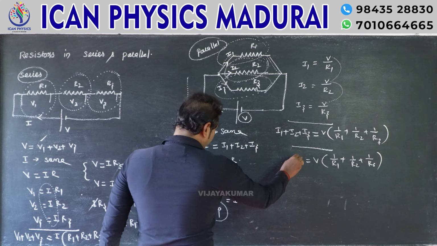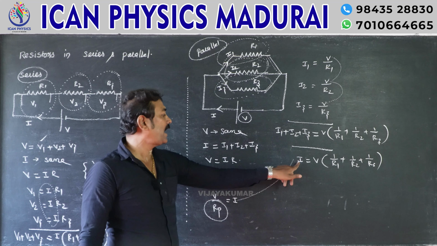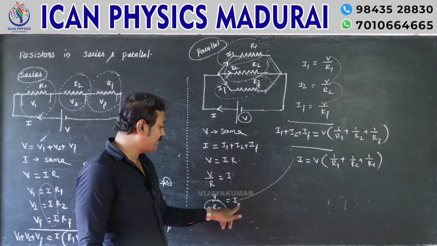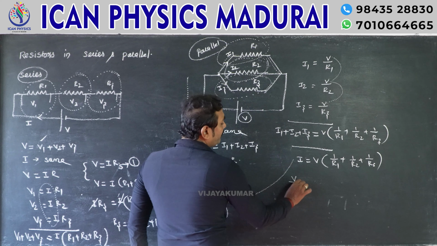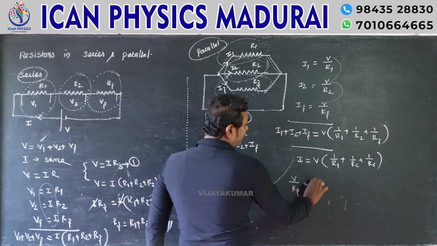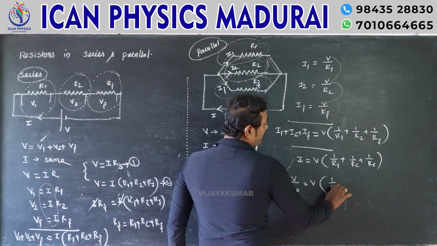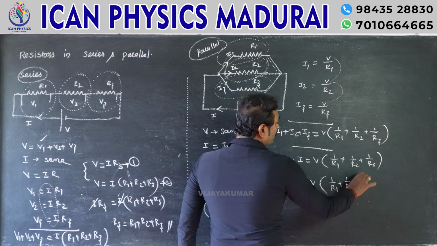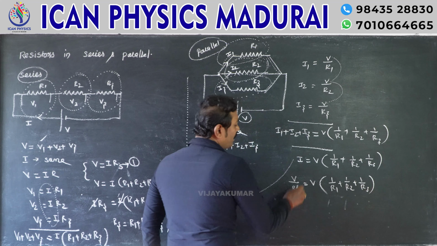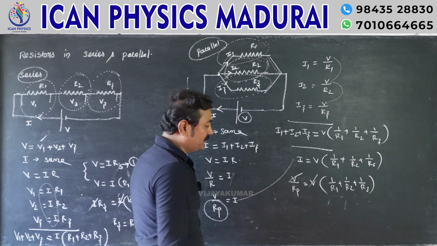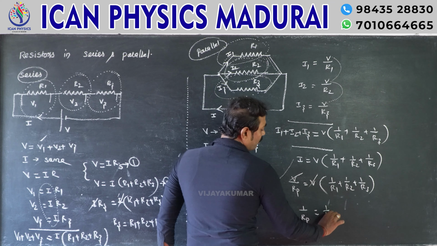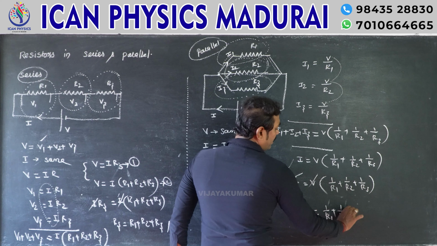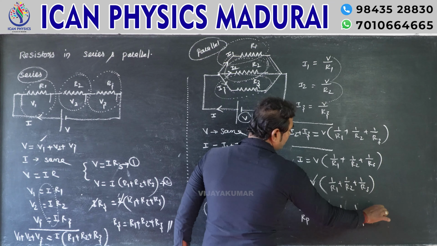Now compare these two equations. The I's are equal, so automatically the other sides are also equal. So V by RP equals V into 1 by R1 plus 1 by R2 plus 1 by R3. Now V is cancelled, so we can write 1 by RP equals 1 by R1 plus 1 by R2 plus 1 by R3.